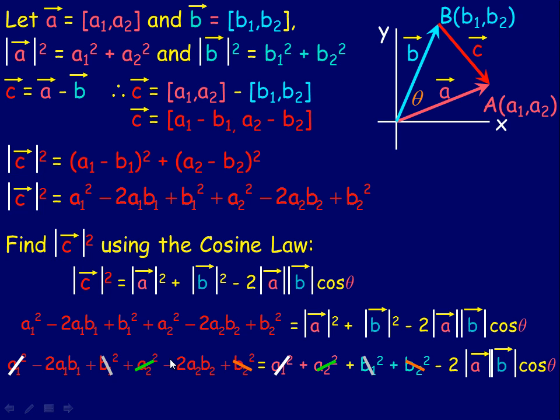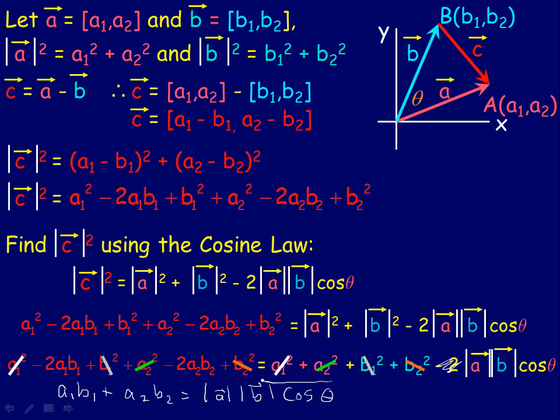And if we were to divide everything by negative 2, on both sides we would end up with A1 B1 plus A2 B2 equals, and if we divide by negative 2 here, then that's gone, magnitude of A, magnitude of B, cos theta.